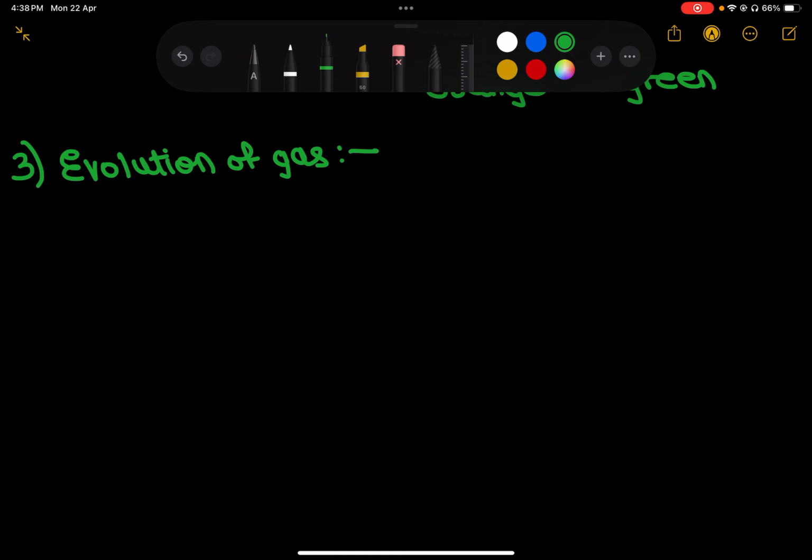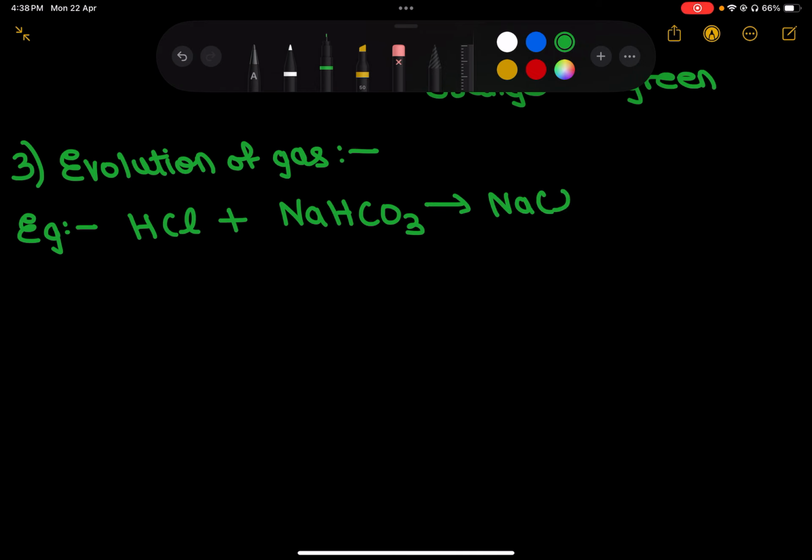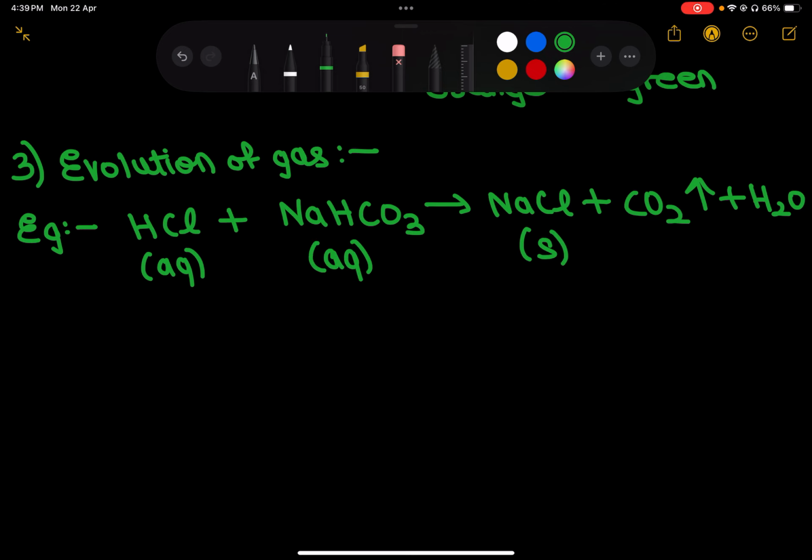For example, HCl plus NaHCO3, sodium hydrogen carbonate, gives NaCl plus CO2 plus H2O. Here the states are aqueous, aqueous, solid, gas and liquid. This arrow which I have drawn indicates that the carbon dioxide gas has been liberated.